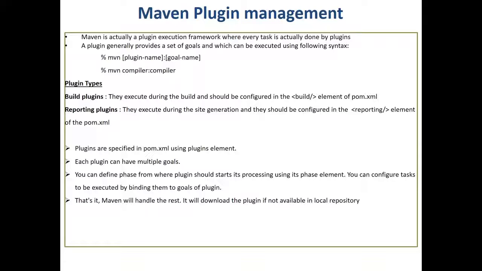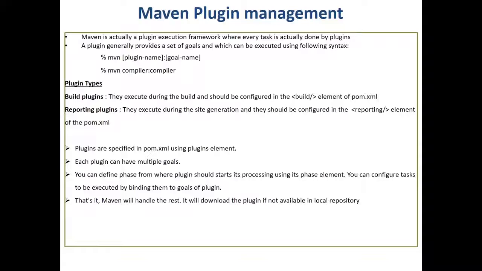So the compile step, test step, or the package, install, deploy, clean, everything is going to be a part of build plugin only. Okay. The only difference is any plugin that you're using to generate a report, or create a report in terms of some documentation for your project, is considered the other type, that is reporting plugin.